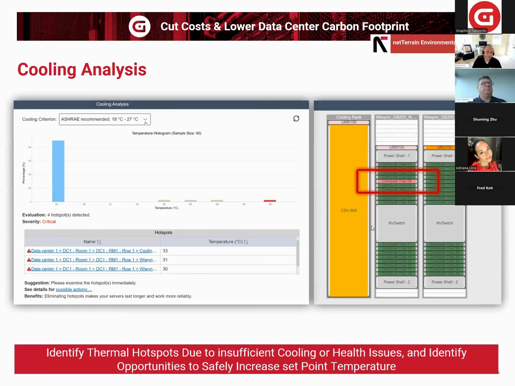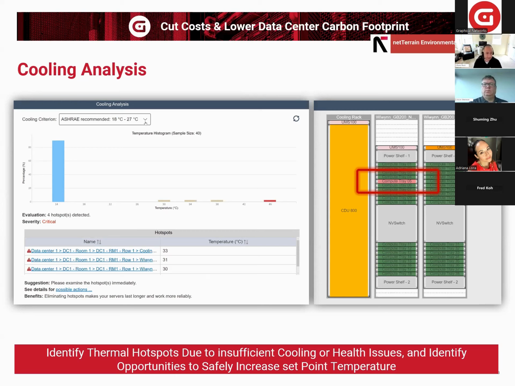And, of course, you can't talk about data center management without talking about cooling analysis. So one thing that EM provides is being able to create a histogram, like you see here on the left, showing the different temperatures of all the devices in a particular room with respect to a certain ASHRAE criteria. So in this case, you can easily identify rooms that are unnecessarily overcooled.